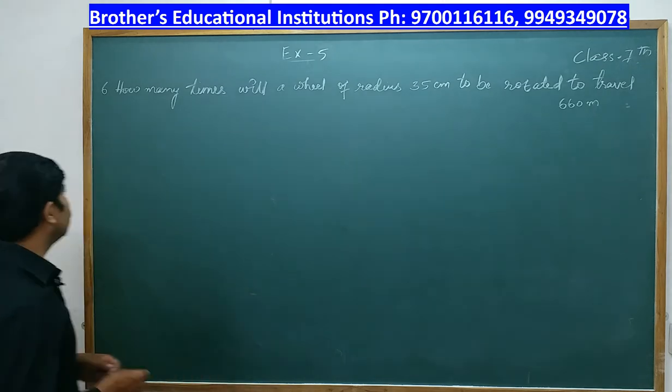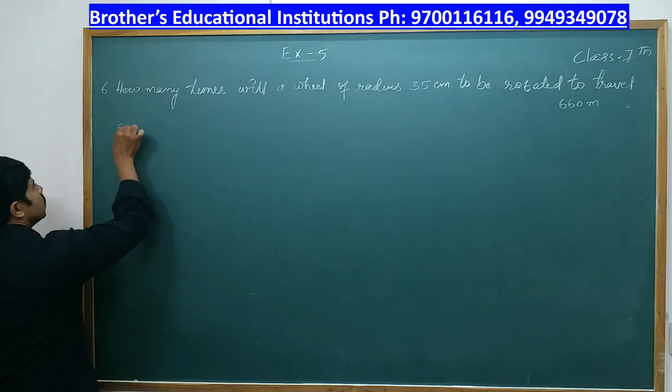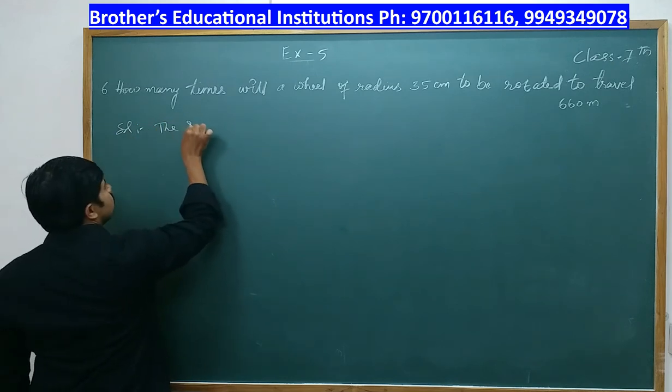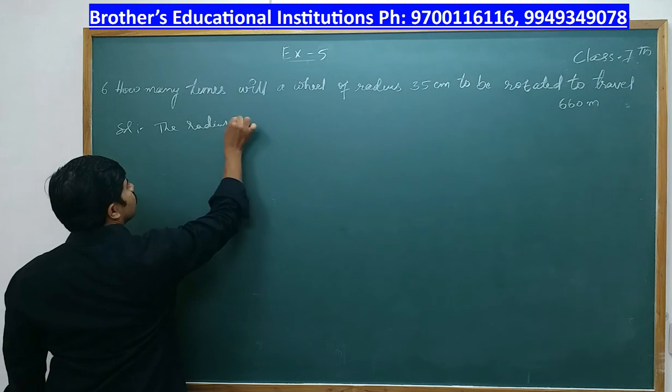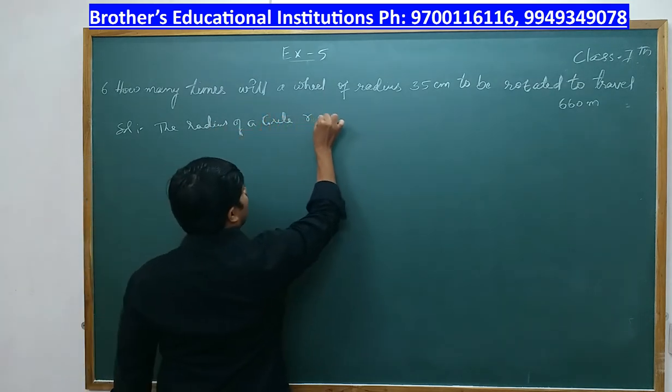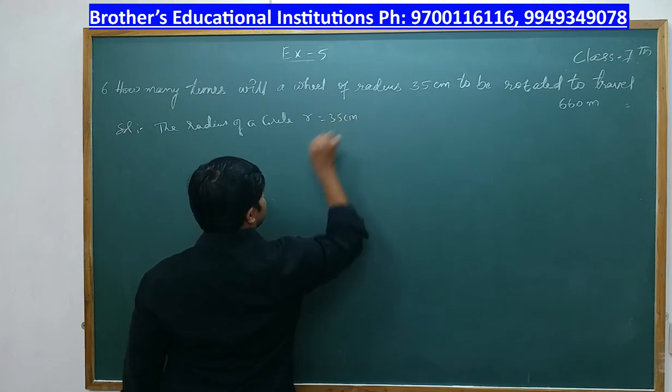So first I'll find out the circumference. For finding the circumference, first what is given? It is given that the radius of the circle r is equal to 35 centimeters.